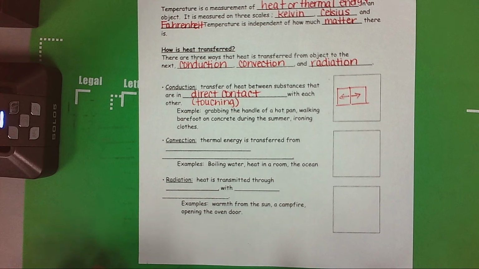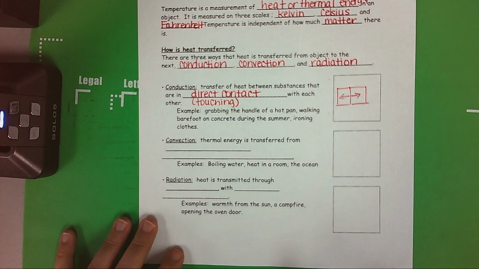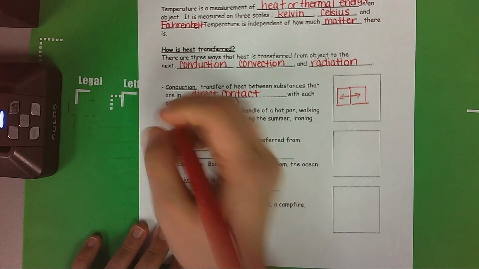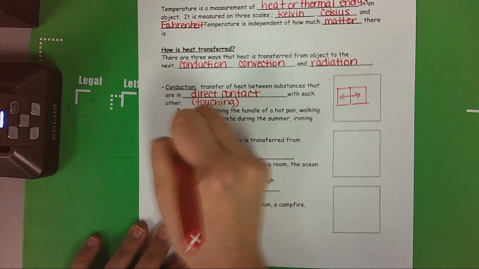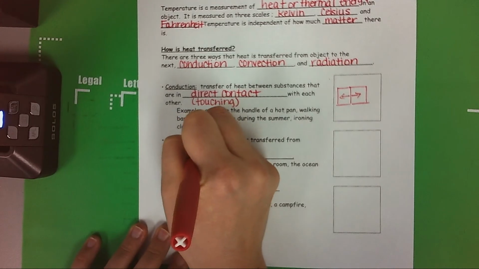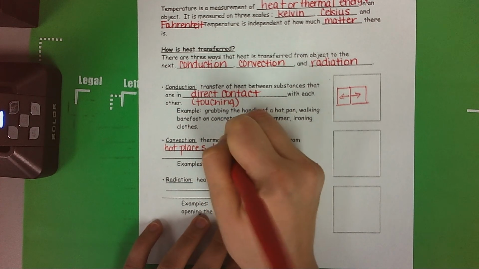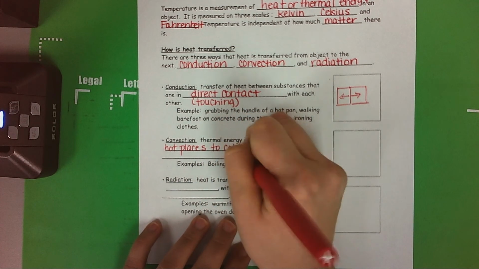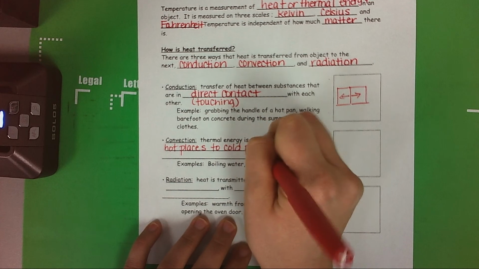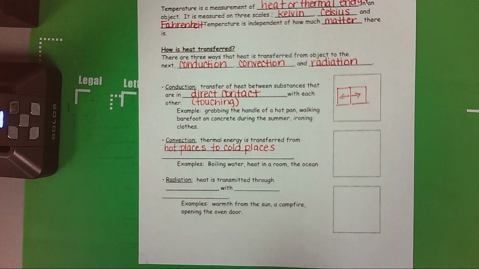Convection is thermal energy that is transferred from hot places to cold places. Okay, an example is boiling water.